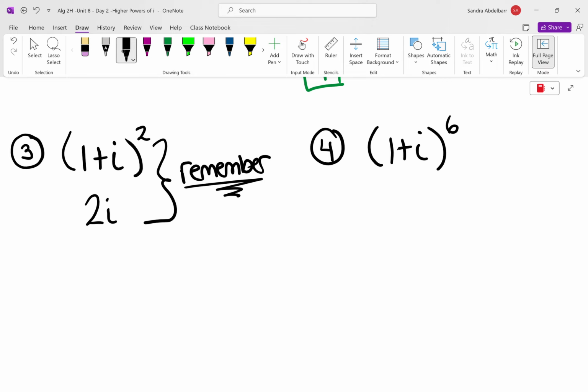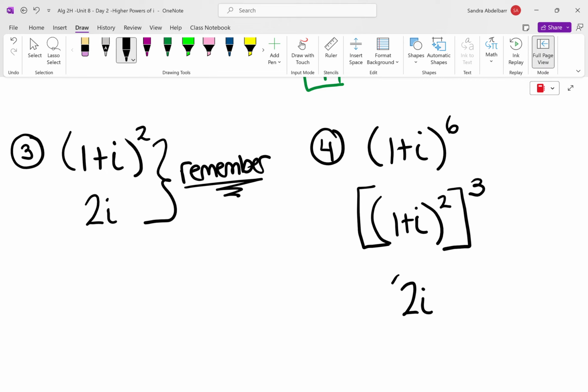So how can I manipulate this without really changing its value? I can change this into (1 + i) raised to the 2nd, raised to the 3rd. Why did I do that? Well, if we remember that (1 + i) to the 2nd is a monomial, what's the monomial? 2i, then I'm going to have 2i raised to the 3rd, and can I distribute that exponent?